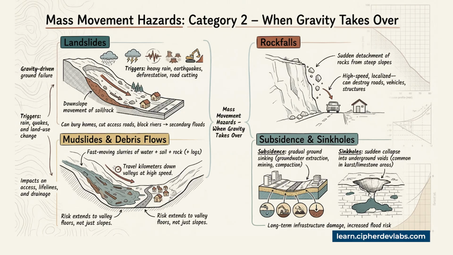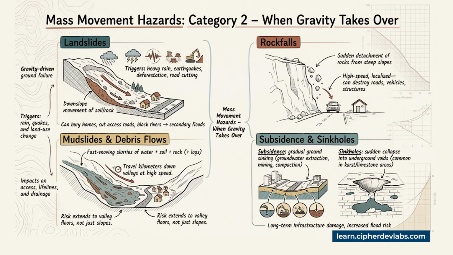They can travel kilometers down valley bottoms, sweeping away homes, roads, and bridges in their path. One important operational lesson here is that communities that feel safe because they are not directly on a steep slope may still be highly exposed if they are located in valley floors or along channels where debris flows travel.